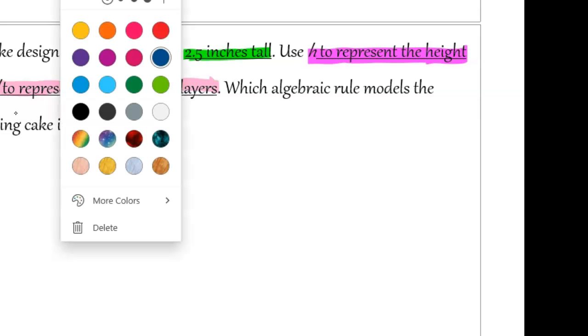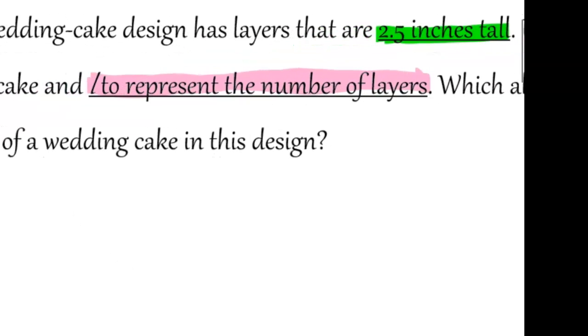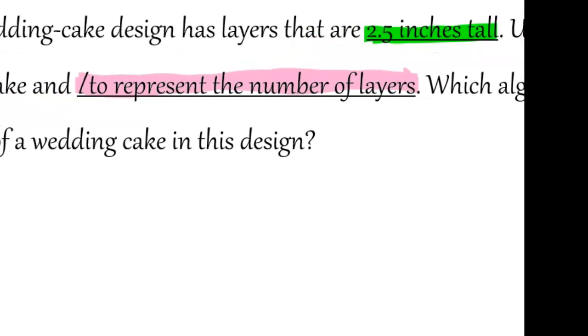So let's go ahead and write down our important information that we want to make sure that we have written down. So first we have our 2.5. I'm not sure this is not working. There we go. So we want to make sure we have our 2.5 inches tall.